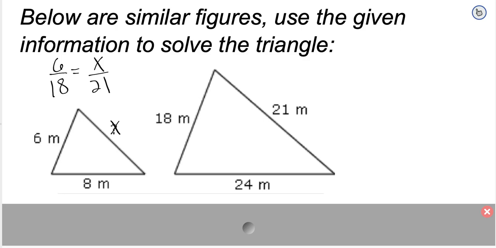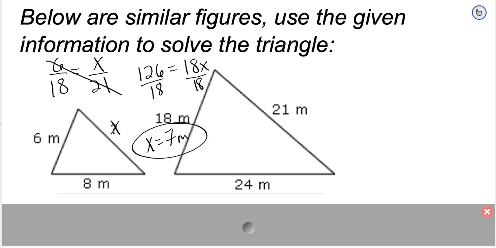If I went big triangle to little triangle, I would have to do big to little every single time. Otherwise, it's not going to work. So 6 times 21, that's 126, and then 18 times x. Divide that out, and you get x equals 7. If you're given labels, don't forget to use a label. So that is similar shapes.